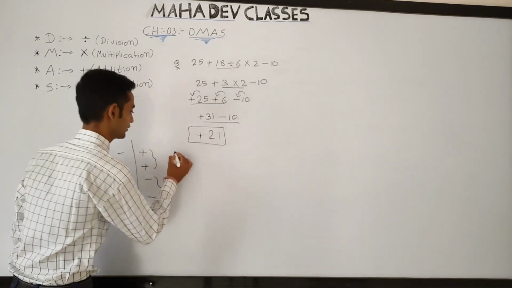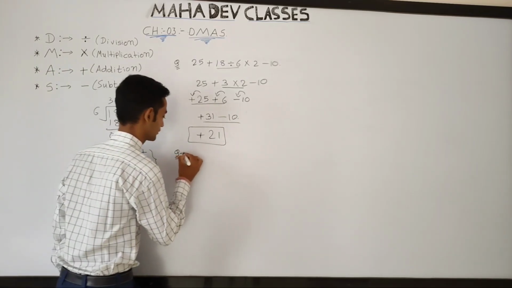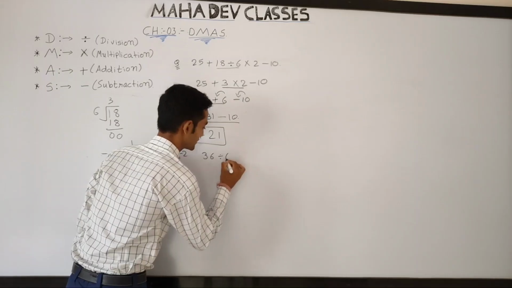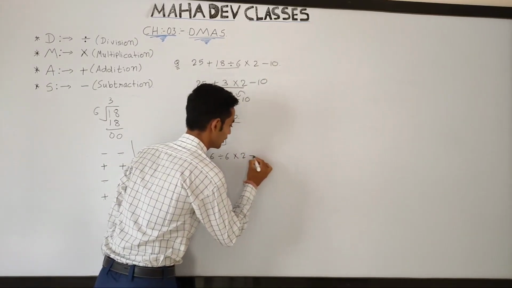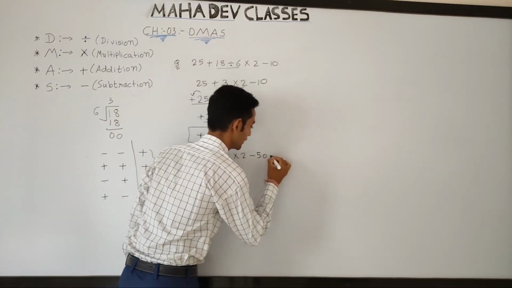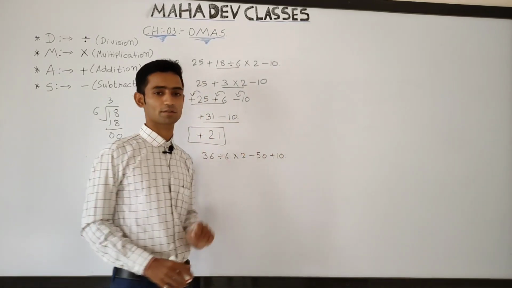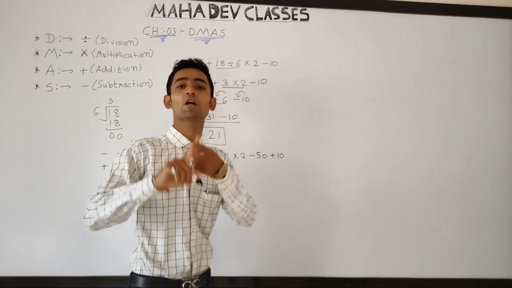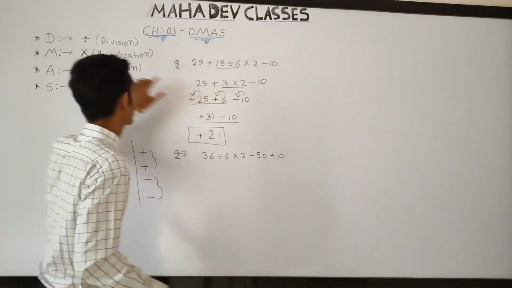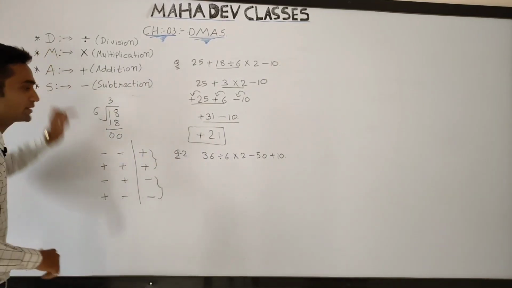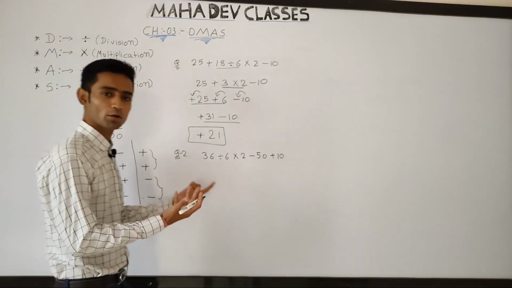Now suppose there is another question like 36 divided by 6 multiplied by 2 minus 50 plus 10. So how will you solve this question? You have to follow the rule of DMAS. First of all we will go for D, means division. Find out the symbol of divide.